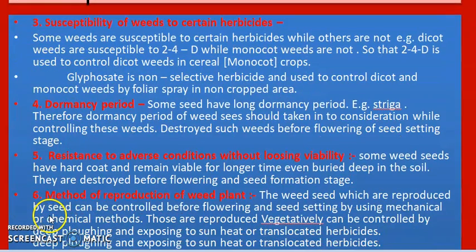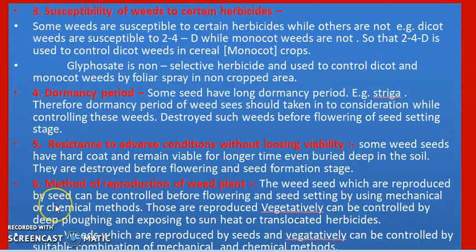Then the sixth one is the method of reproduction of the weed plant. Some weed plants reproduce by seeds. They are easily controlled before the flowering and seed setting stage by use of mechanical, chemical or physical weed control method.